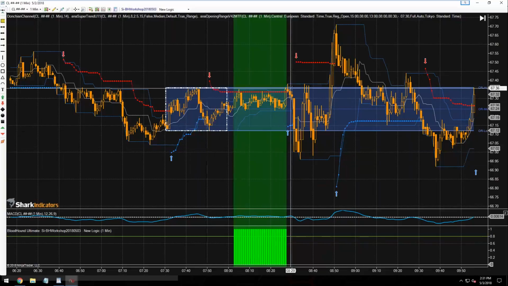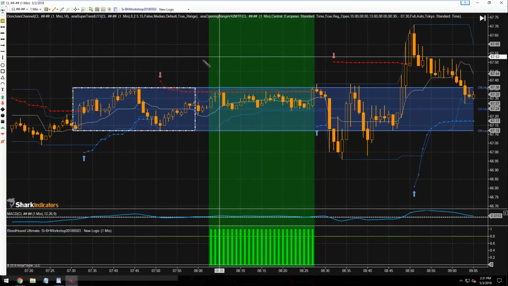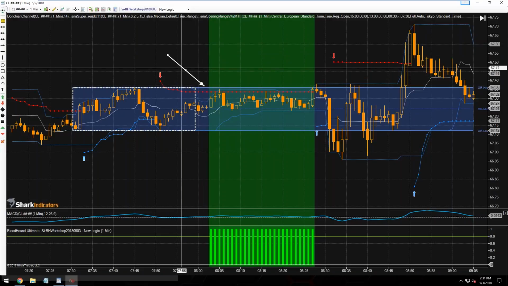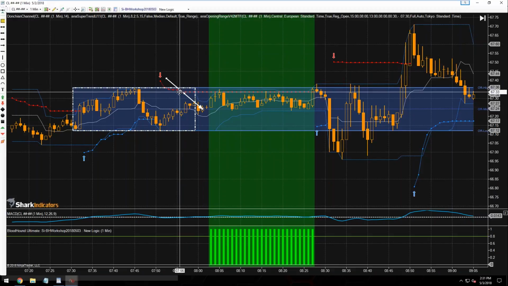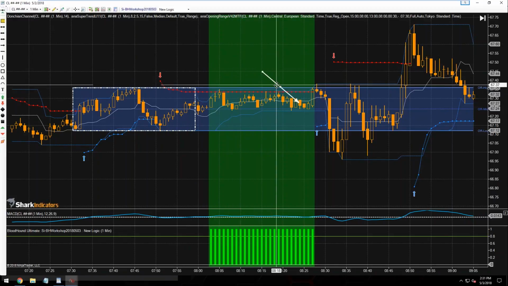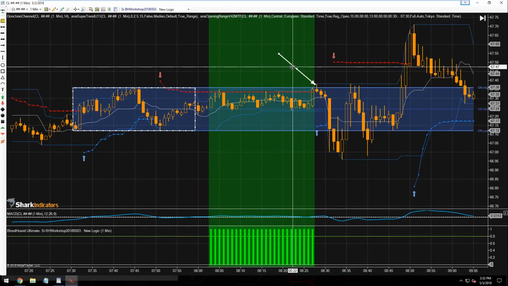All right, cool. If we look at this, let's zoom in here. So here's a great example from yesterday. Price just oscillated around inside that opening range, and then finally, boom, we get a little breakout there. That wick would have picked up the resting stop entry order.